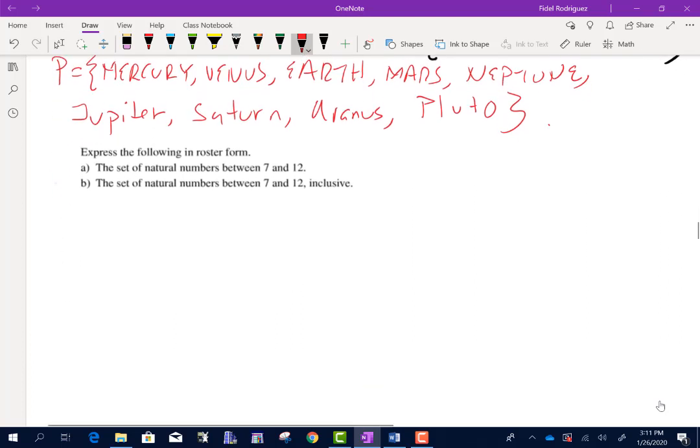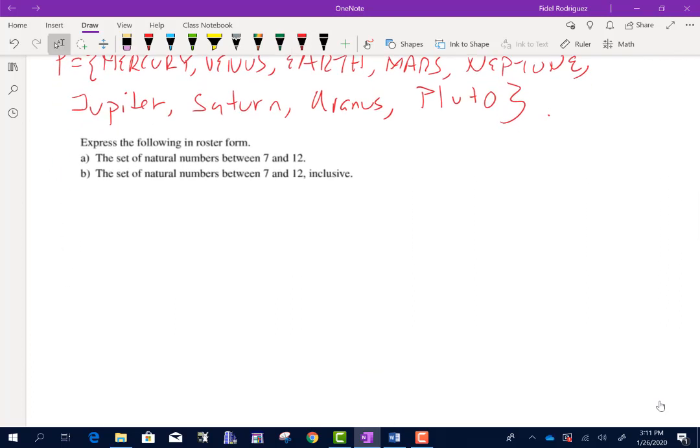Okay. Let's see. Express the following in roster form. Okay, the set of the natural numbers between 7 and 12, and then look at part B. It says the set of the natural numbers between 7 and 12 inclusive. Okay, so inclusive means we're going to be including those two numbers.